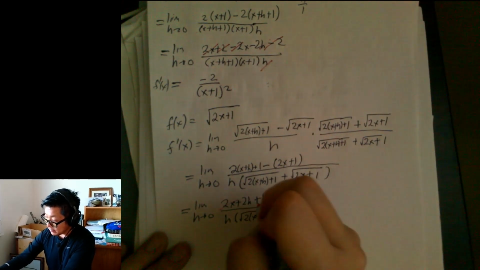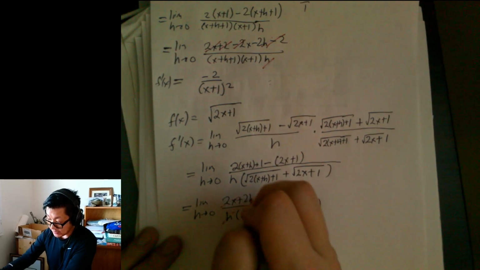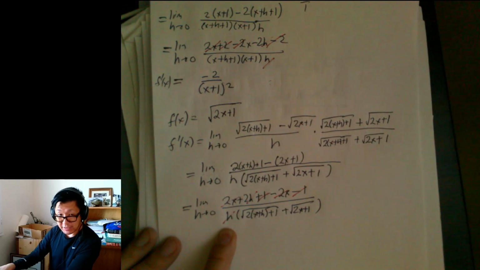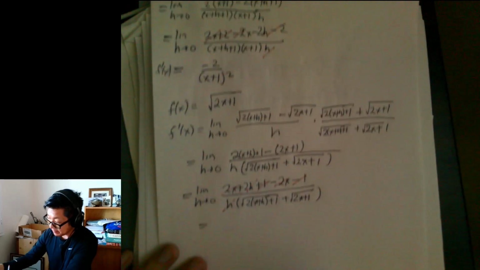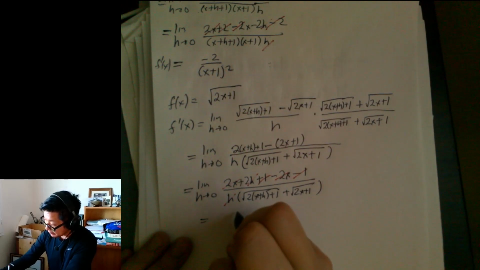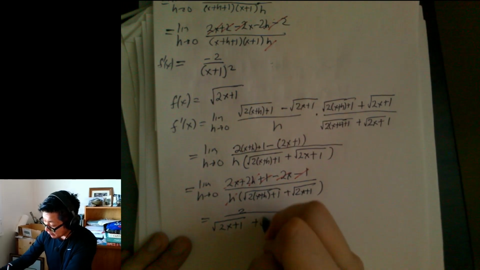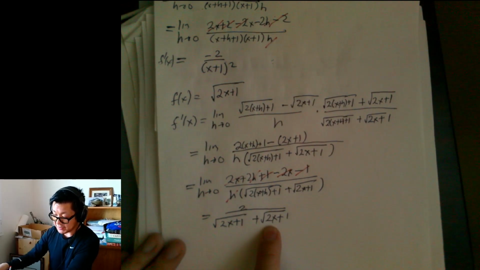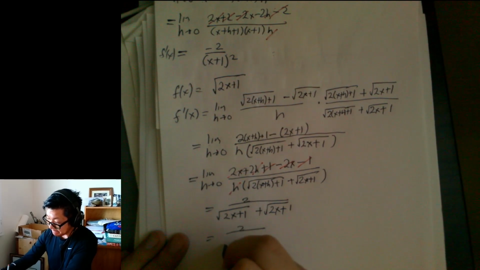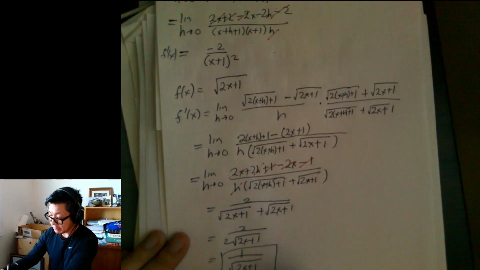The two x's cancel, the 1 cancels, leaving you with a 2h on top. We can cancel those h's. Once this h in the denominator is canceled, we can now let h go to 0. Notice each of these terms becomes the same down here. One of these plus one of these is 2 of them. And we end up with this as the derivative, which is correct.